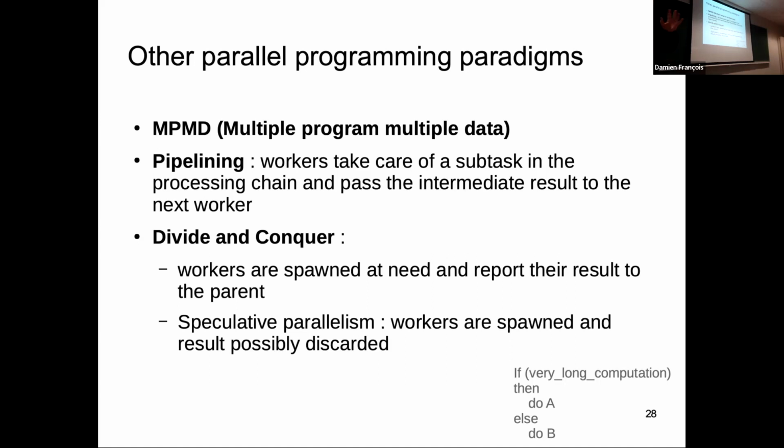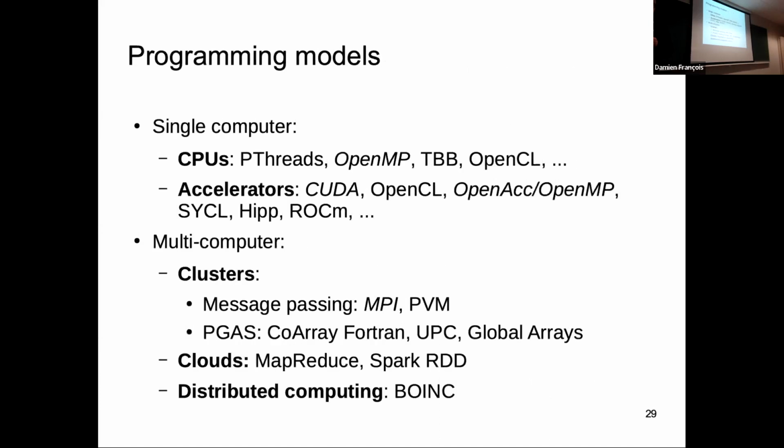So these are the paradigms, the way we can organize the work. But in practice, what you need is a model. A programming model is a library or a set of compiler features that allow you to write a program that actually starts the work in parallel. And you see here mostly a shopping list of libraries or tools that are available for you to work with.